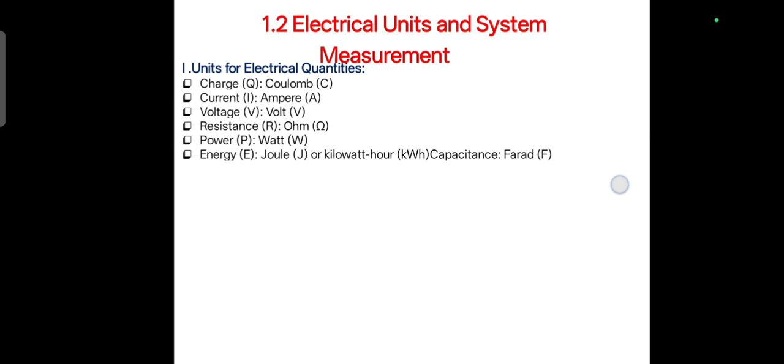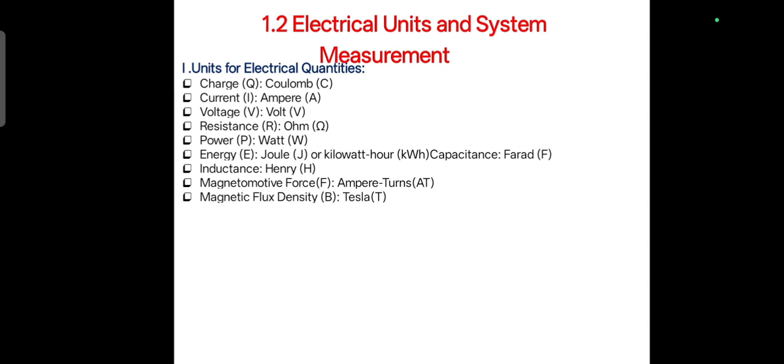Then capacitance, which is having the unit farad, which is denoted by capital F. Then inductance having the unit Henry, which is denoted by capital H. Then magnetomotive force, which is having the unit ampere turns, which is denoted by capital AT.